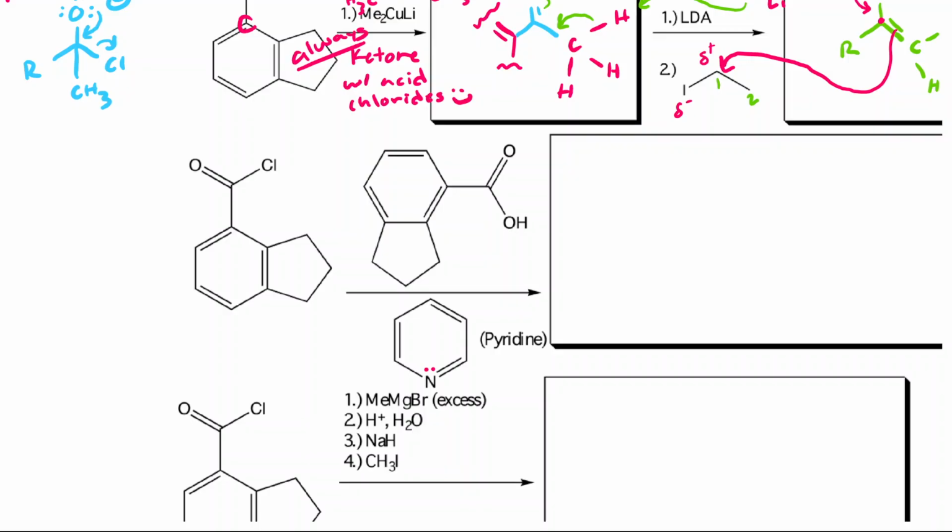And what can we deprotonate in this molecule? Well, I see there's an H here. And I think that's really the only H that's acidic. Like, I could say that there's an H here, but that hydrogen is kind of happy with where it is. It doesn't really want to be gone.